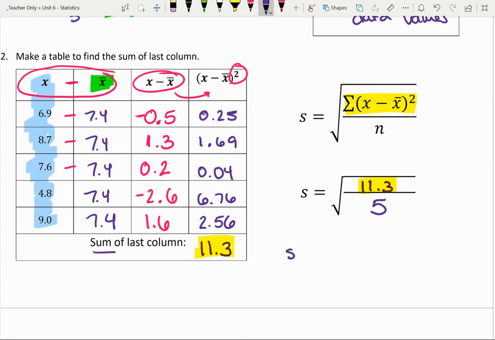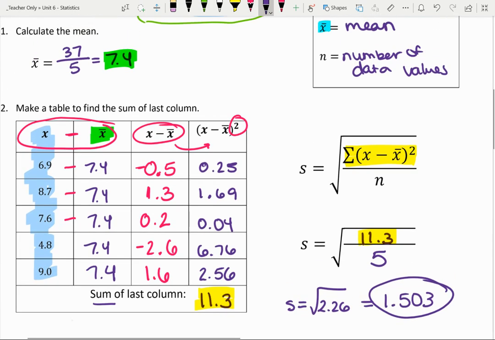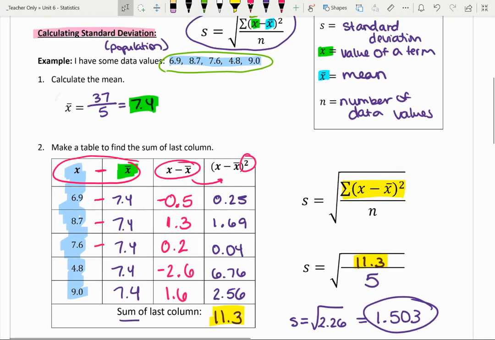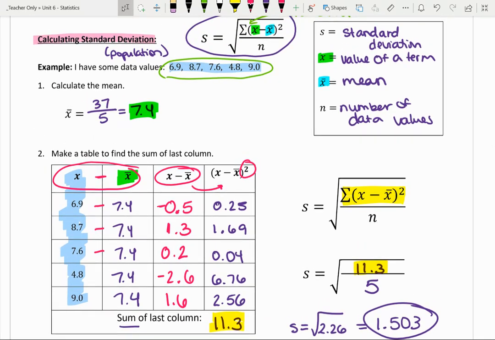So if we were to simplify that, 11.3 divided by 5 is 2.26. Then if we were to take the square root of that, we get approximately 1.503. So our standard deviation is 1.503. So again, just to recap the steps that we took, we started by finding the mean, and then we noted how far each of our data values individually was from the mean itself.